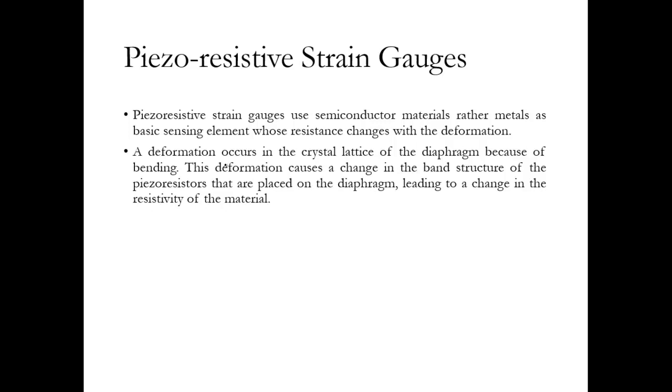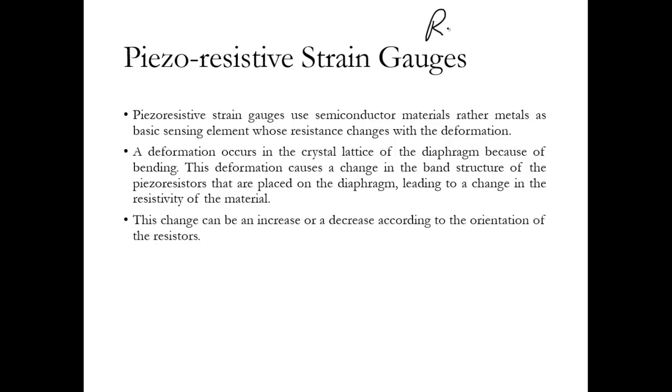What happens is, again, a deformation occurs in the crystal lattice of the diaphragm on which this piezoresistive strain gauge is put, because of bending or other types of deflections or deformations, and this causes a change in the resistivity of the material. So piezoresistive is more about the rho part.